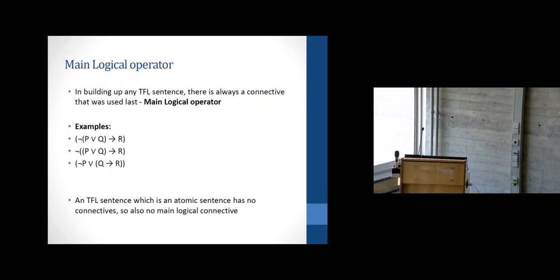We say that something is the main logical operator if it was the rule that was used last in order to get to that expression. Here, what is the rule that was used last? How did I get the last expression? The conditional, right? I had this A part and this is the B part, and I applied the conditional. So the conditional is the main logical connective, or main logical operator, of the sentence.